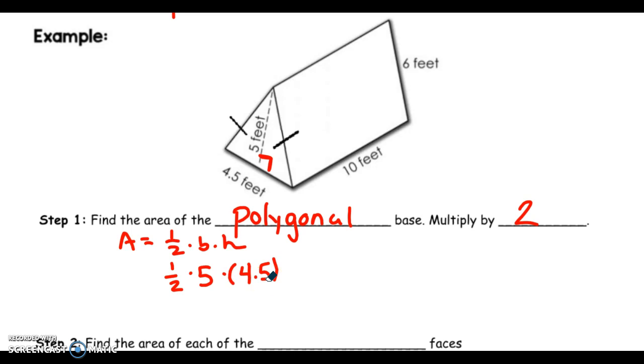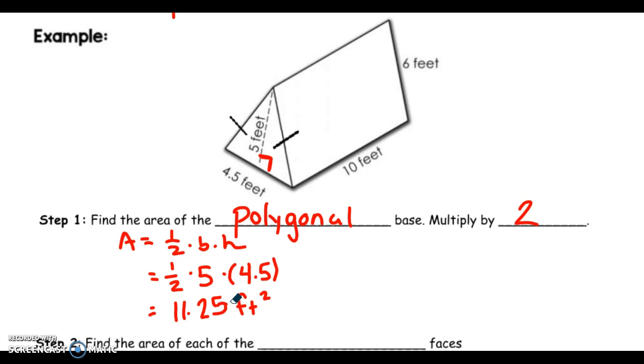When we calculate that, 5 times 4.5 gives me 22.5, but then of course I have to divide it by 2 or multiply it by 1/2, and so I get my area to be 11.25, and we're talking feet squared.